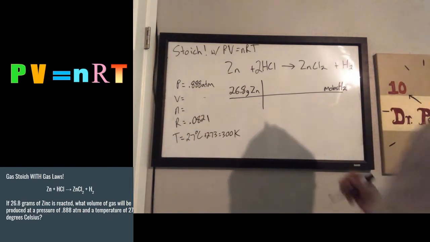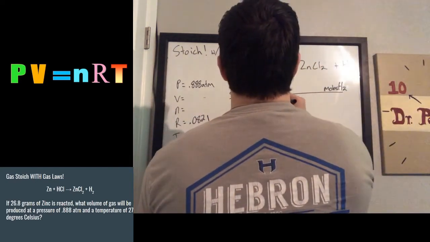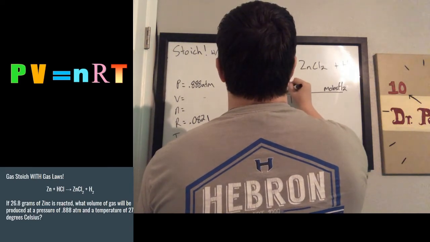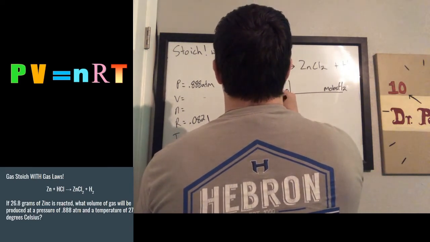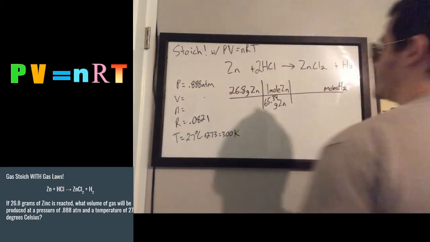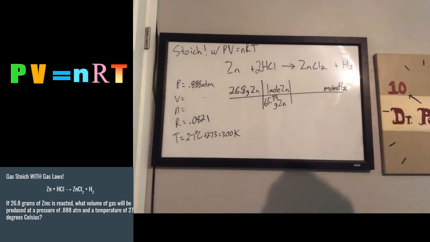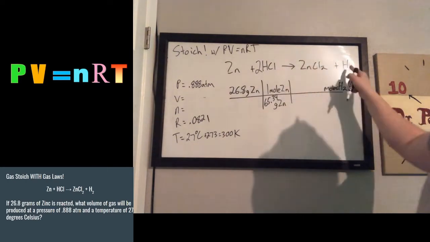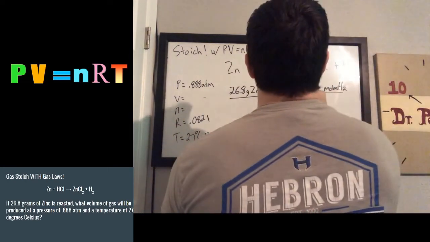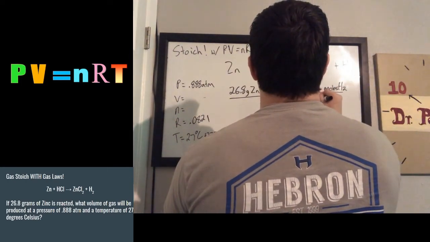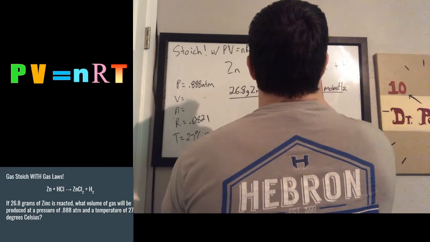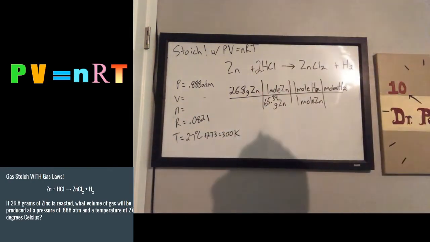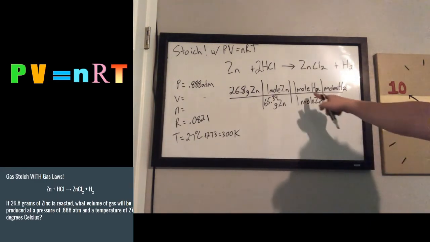So grams of zinc has to go to the bottom. 1 mole goes up top. We've already said that 65.39 grams are in every mole of zinc. Next, we are going to relate zinc to hydrogen. There's 1 mole of reactant for every 1 mole of product.